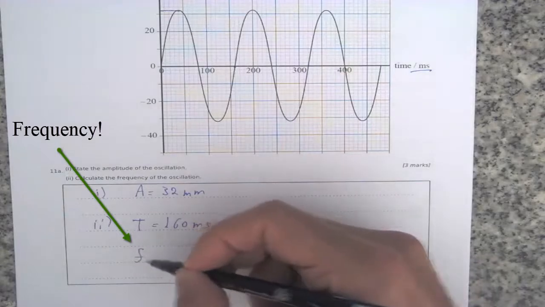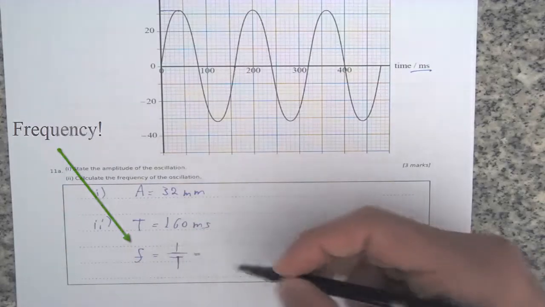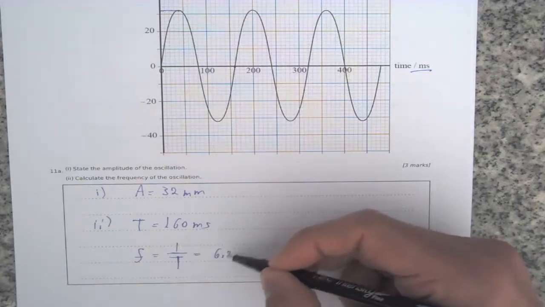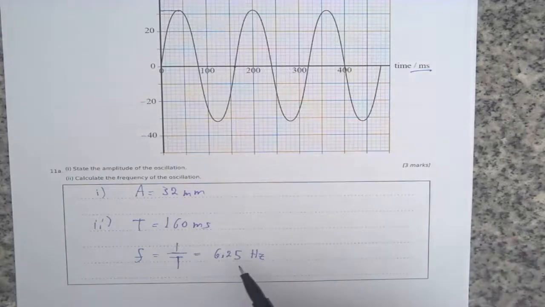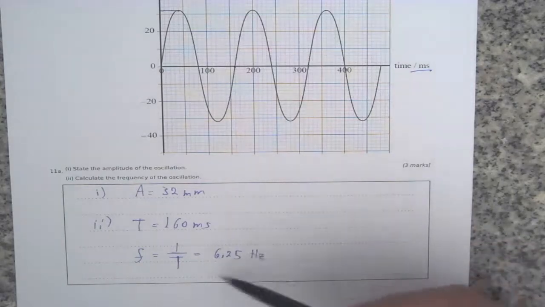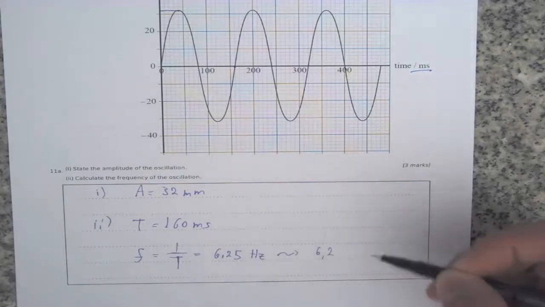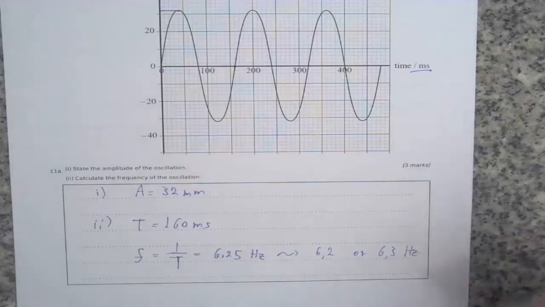So the frequency, of course, is gonna be 1 over T. And if you do your calculations here, you're going to find 6.25 Hertz. Here again, we need 2 significant figures, so you need to round this one. So either 6.2 or 6.3 Hertz are acceptable here.